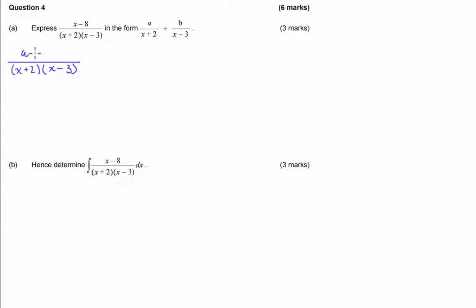So we don't change the fraction, we're going to just put x minus 3 at the top. Then it's basically just been multiplied by 1. We're going to add to it b over x minus 3, and I'm going to use the same strategy as with the first one. I'm going to put x plus 2 there, and then I'm going to have x plus 2 in the top.